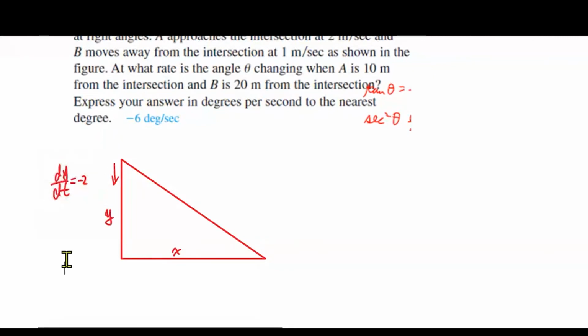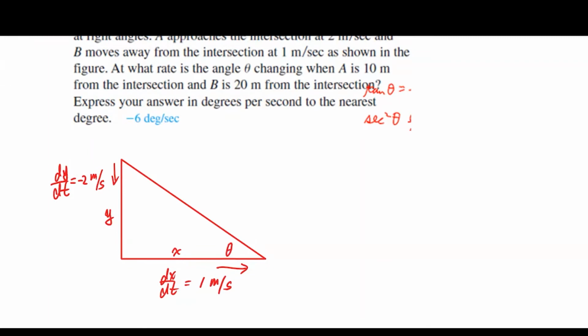Okay, -2 meters per second. Good, because that distance is decreasing. And then dx/dt here, and that direction is this way. So it's increasing, so we'll put positive 1. So first, so good? Say yes. And this angle is theta.